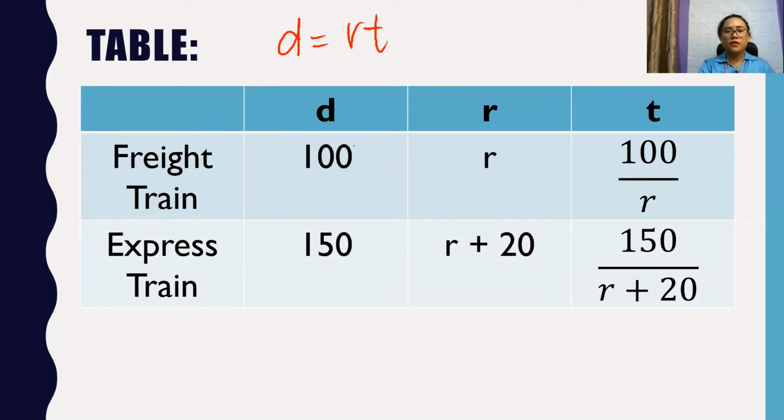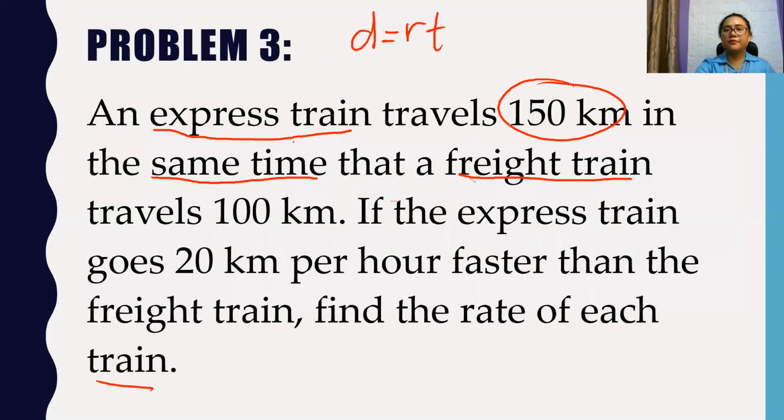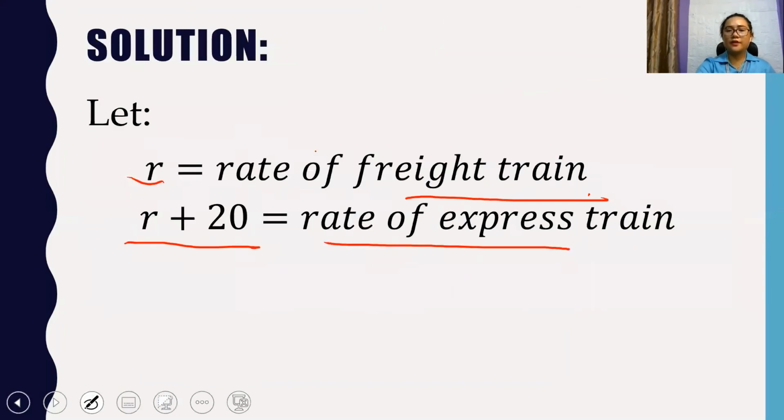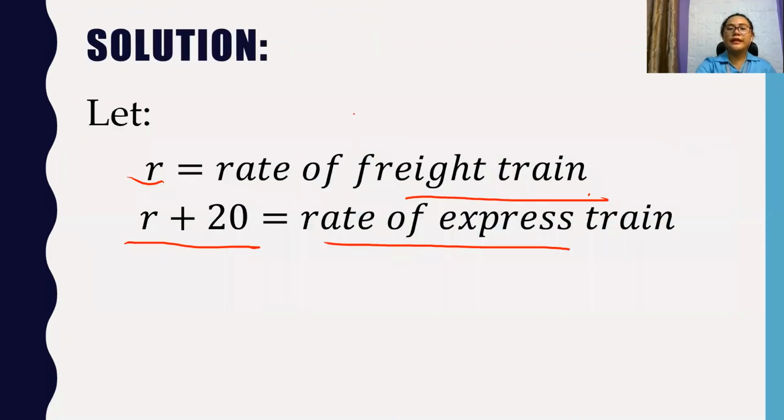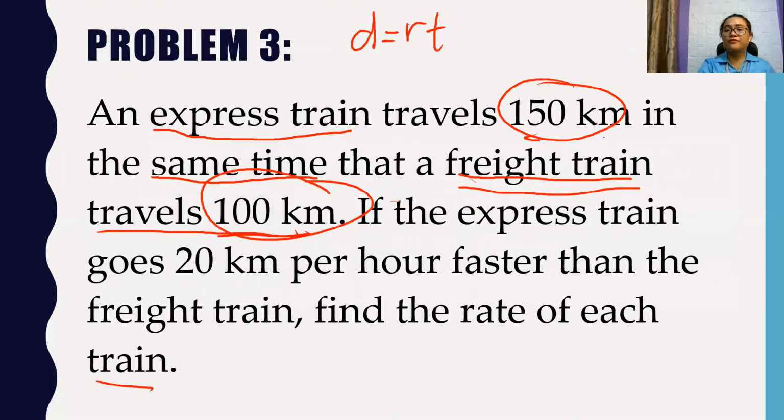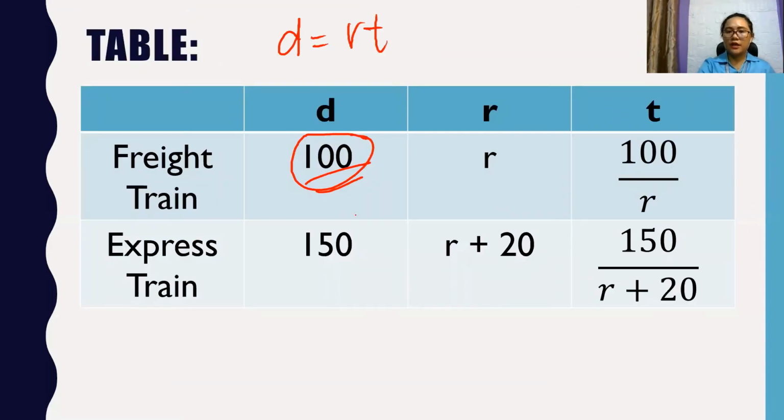Now, since the distance is already given, for the freight train, kanina sinabi na si freight train travels 100 kilometers. Therefore, ito, 100 kilometers. For the express train, we have 150 kilometers. Okay, yun yung distance niya. Therefore, meron tayong distance dito.